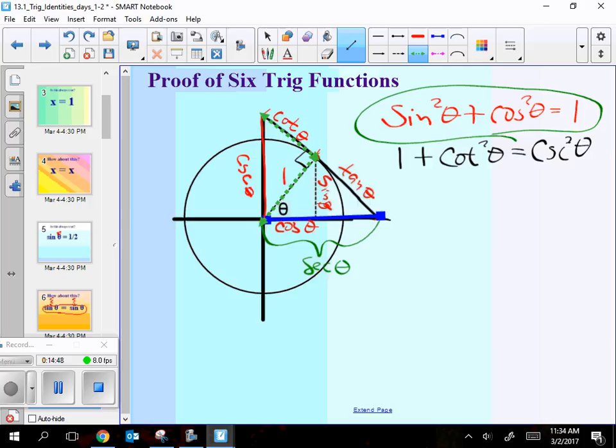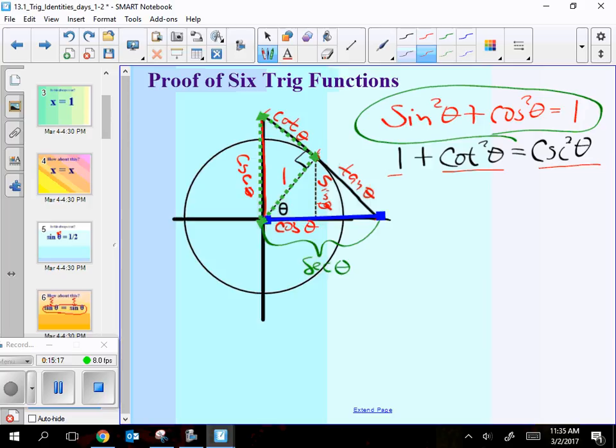That and that and that. Can you see why 1 squared plus cotangent squared would be cosecant squared? Now that's really hard to remember, but we're from Minnesota. Would you agree that the one with the coat is cozy. Dumb little statement, but fun way to remember it. One with the coat is cozy. Okay?